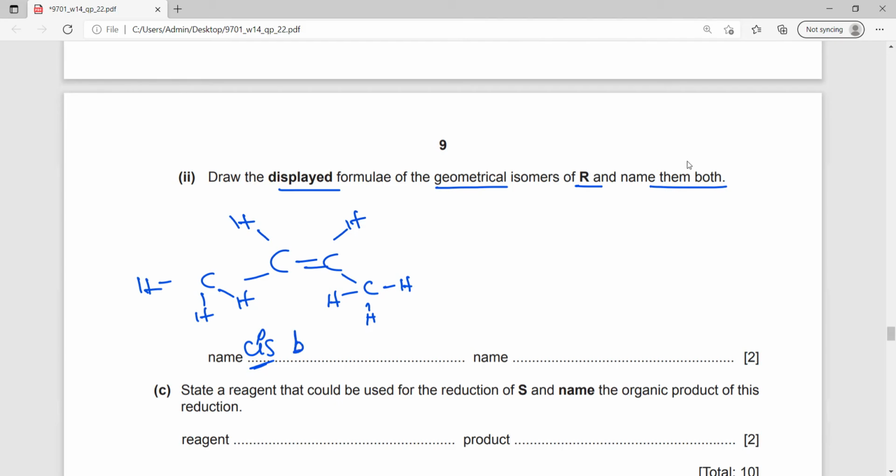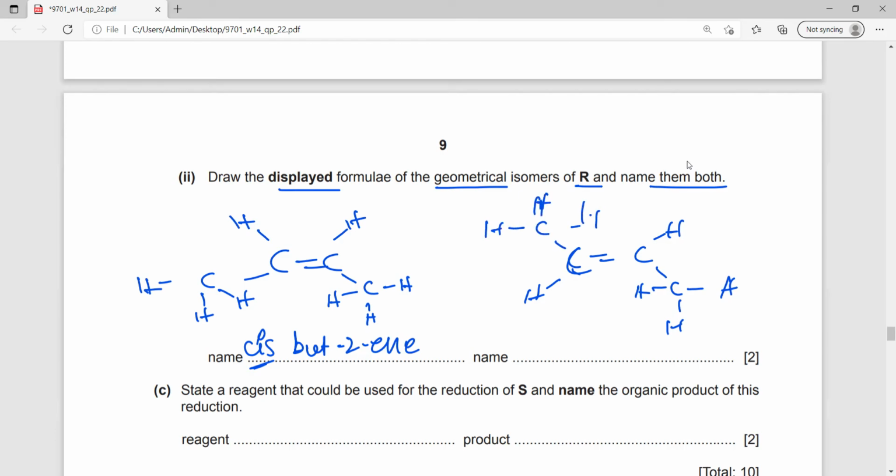So cis-but-2-ene, and the other one I'll draw trans, with the groups on opposite sides. Pardon the bad drawings. And this will be trans because they're on opposite sides.